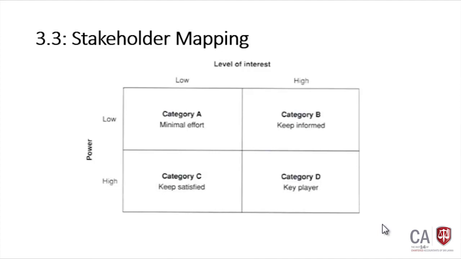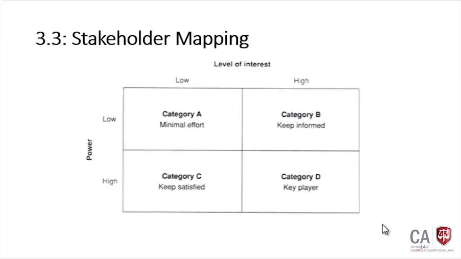For example, the CEO's power is very high. In that scenario, we will not consider him under category B, he will be considered under category D. But most of the employees normally come under category B.